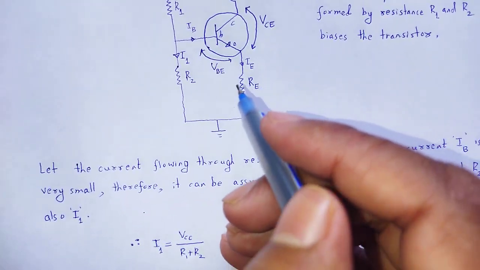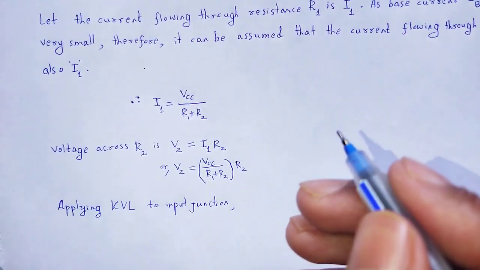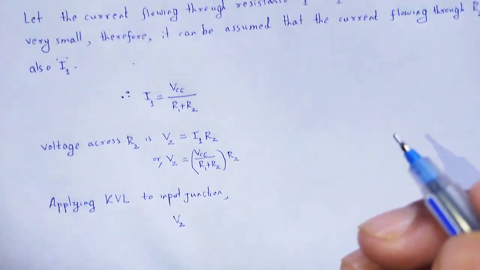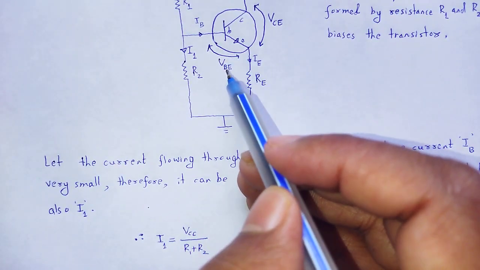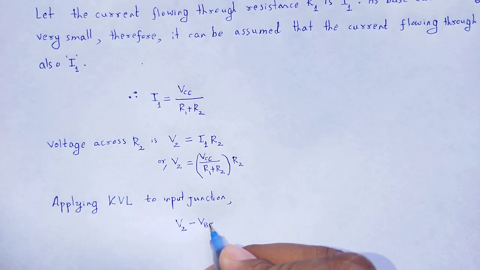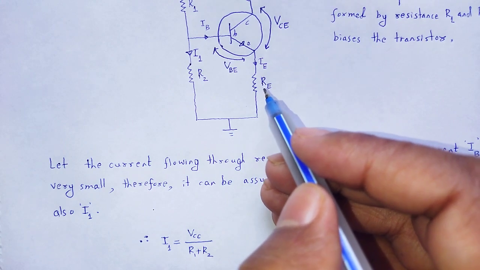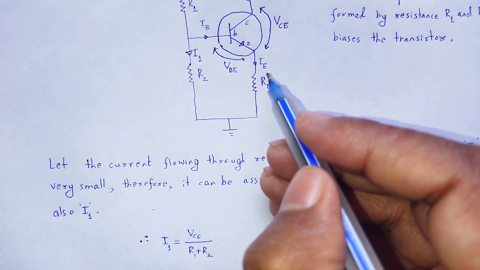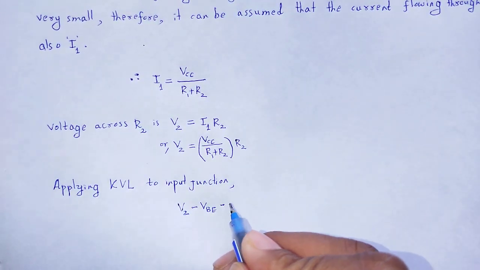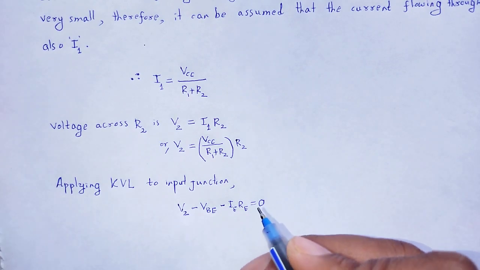Here KVL is applied. The potential at R2, that potential V2, minus VBE. Next, the potential drop across RE, that is IE into RE, is equal to 0.